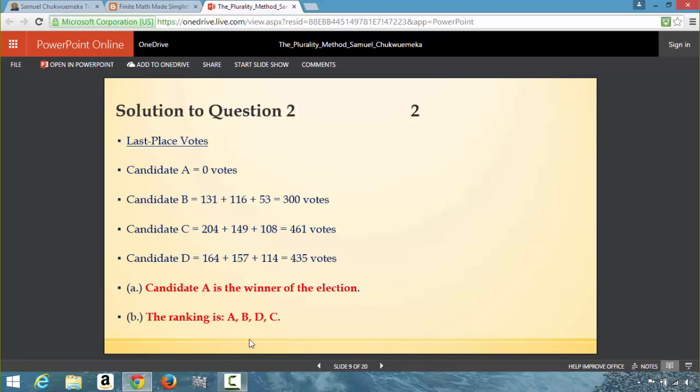So first of all, we have A, then we have B, because B has more votes than C and D. Now, between C and D, the fewer last place votes was D. So D and then C. Do you understand?